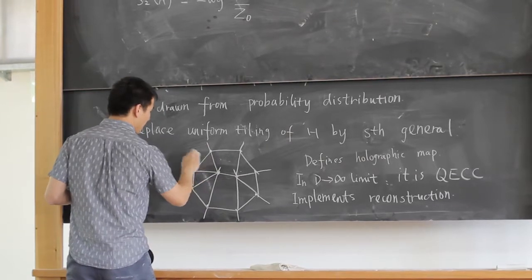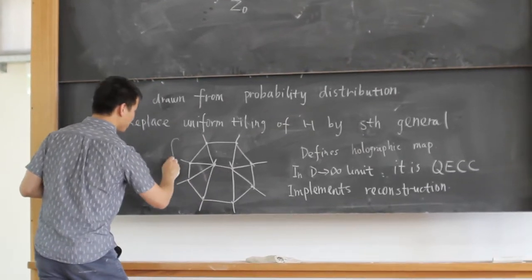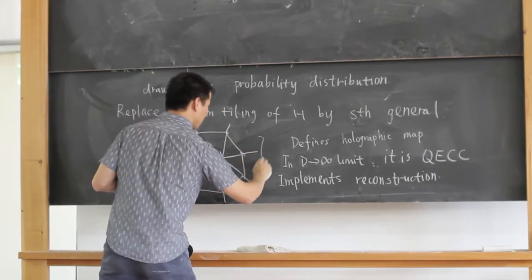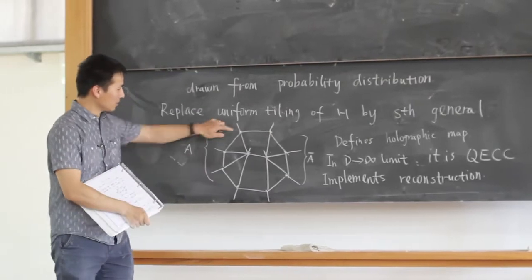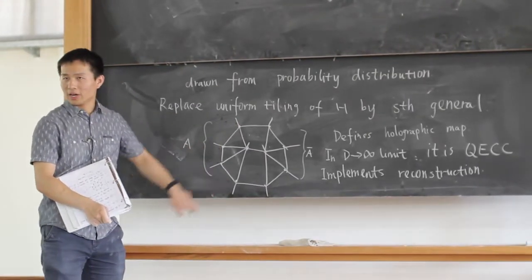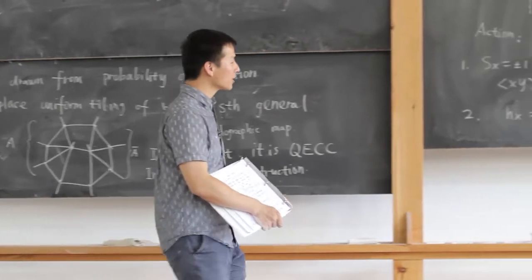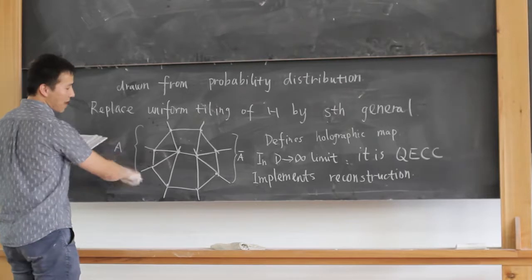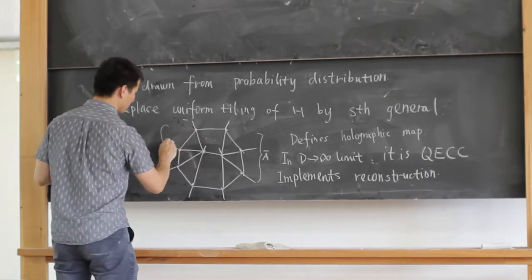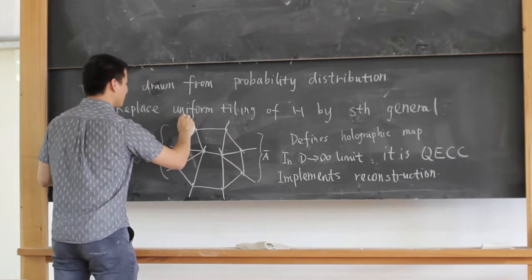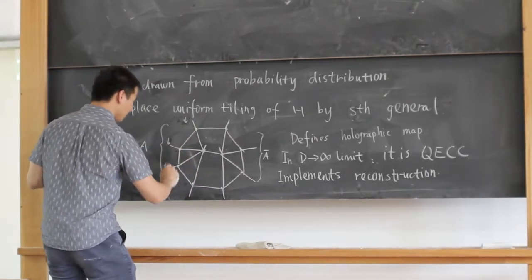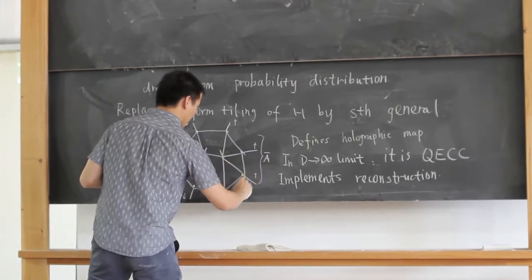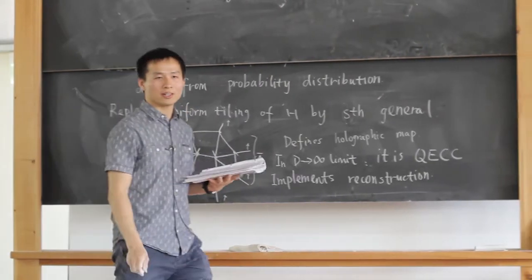We can separate A to be the left 4 points on the boundary, and the right 4 points can be A complement. So these 4 points belong to A. Let's choose that separation. And hx would be a boundary condition that is minus 1 here, so minus, I guess, means spin is down, and up on A complement. That's hx equals plus 1.